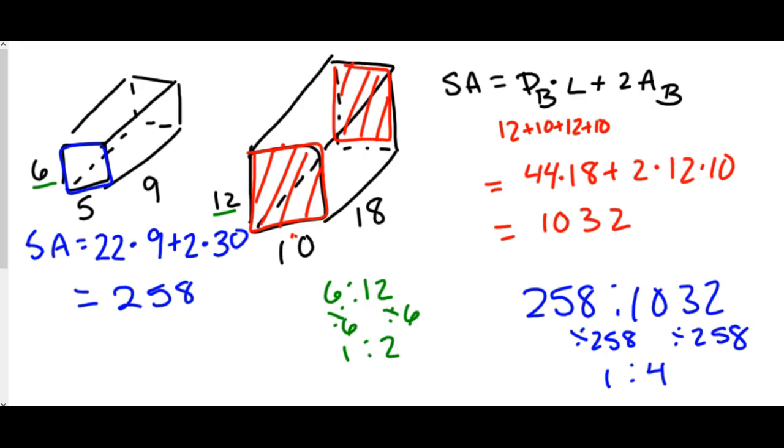And if we were to do the volume, the volume of a rectangular prism is length times width times height. So 18 times 10 times 12, which is 2,160.